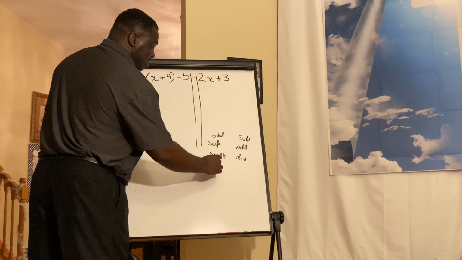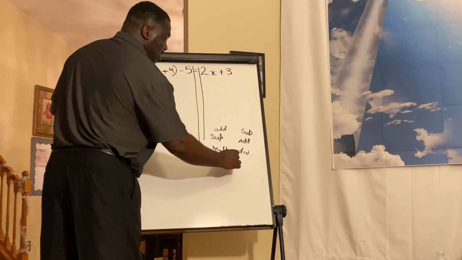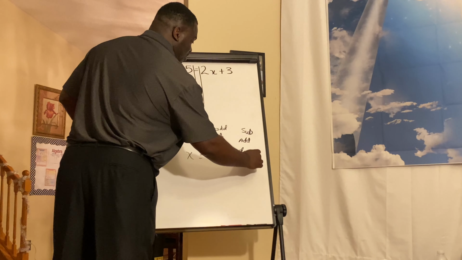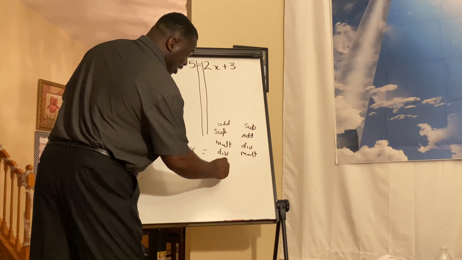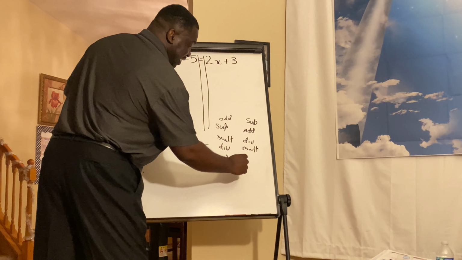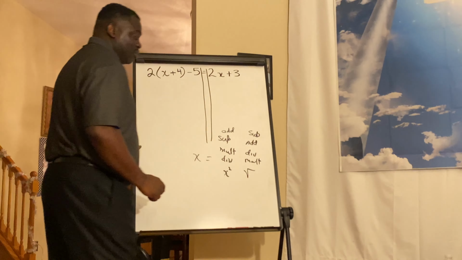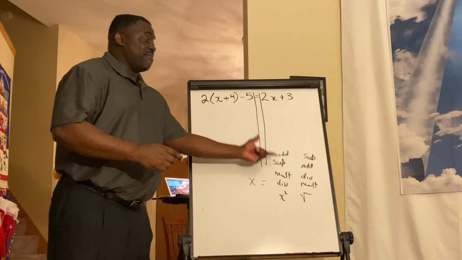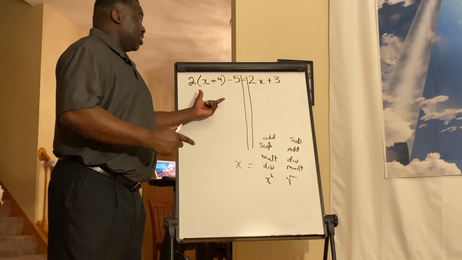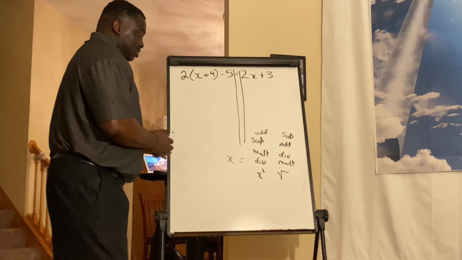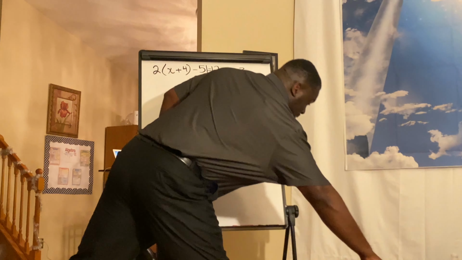The inverse operation of division is multiplication. And then for future reference, the inverse operation of squared, or something squared, is the square root of. Okay? So knowing the inverse, you can start eliminating things from whichever side has the variable, or the x. So that's what we want to end up doing.